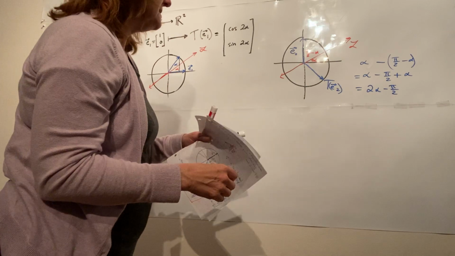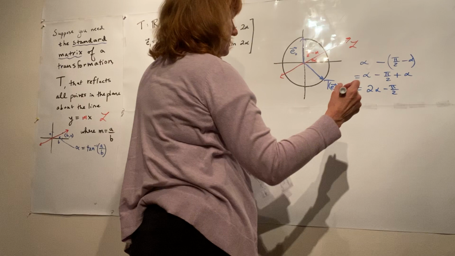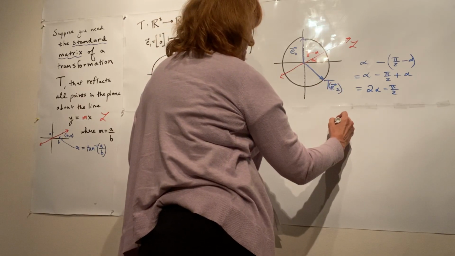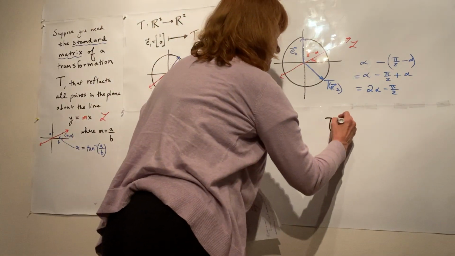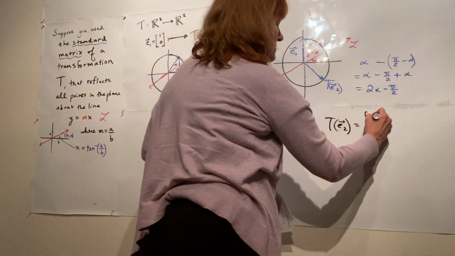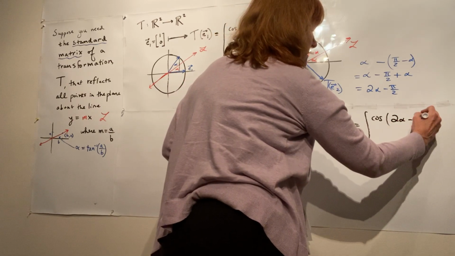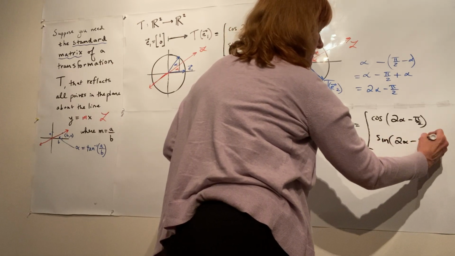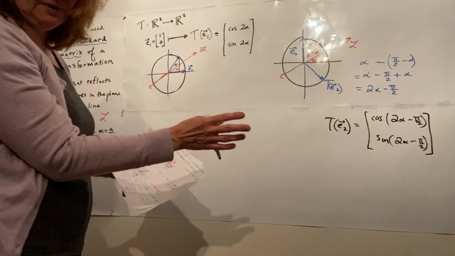So its angle is this one, and therefore the coordinates of that point, and therefore of this vector, are, so T of E2 will look like cosine of twice alpha minus pi over 2, sine of twice alpha minus pi over 2. Okay, so that's in general.